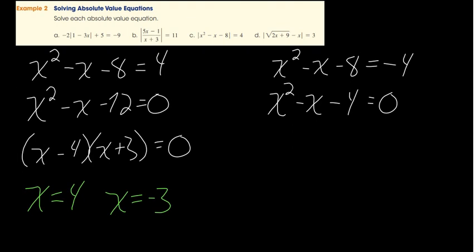X squared minus x minus 4. So we're going to end up with x is equal to 1/2.